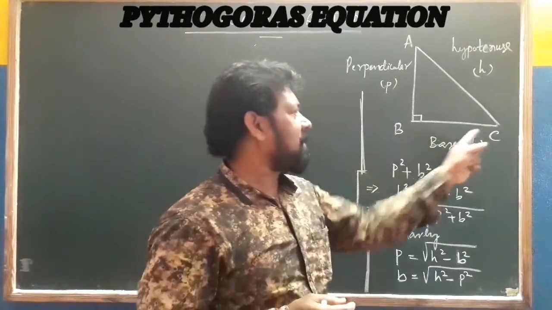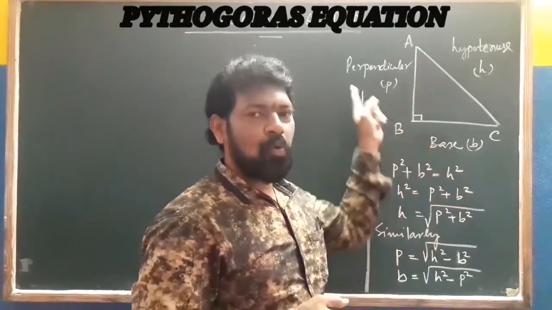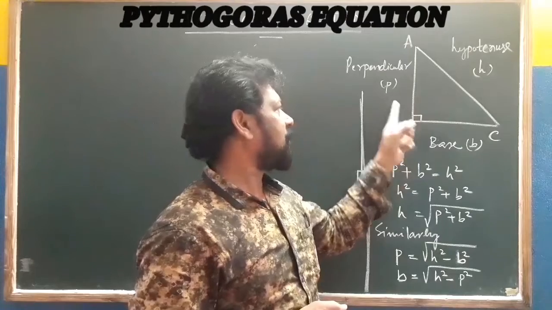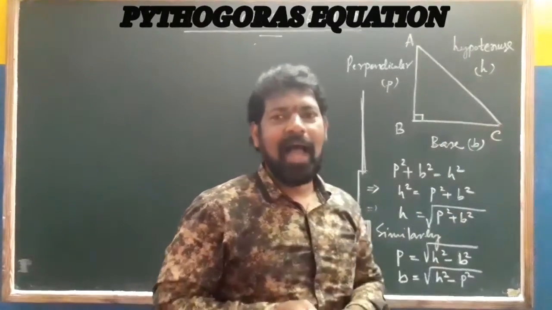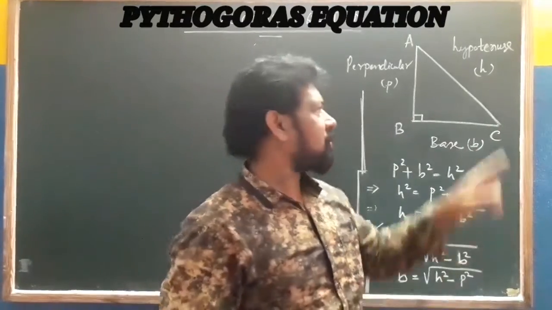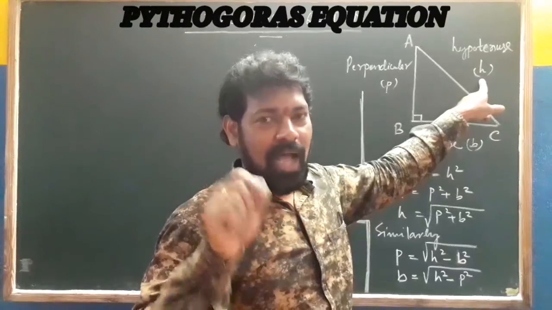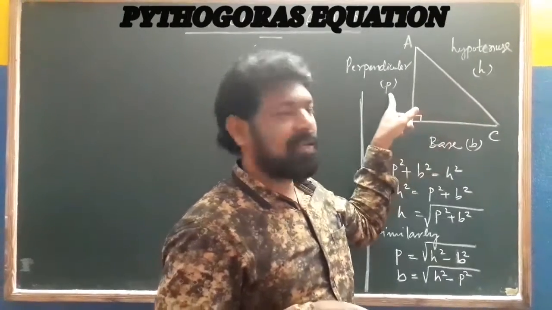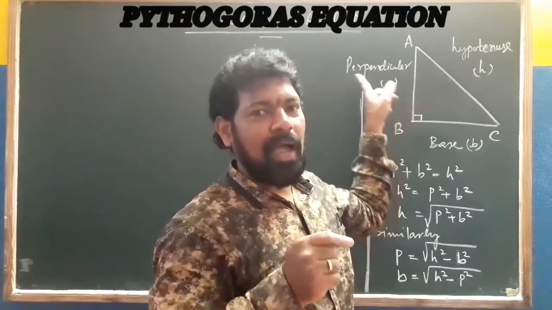I have taken BC as base, the short name is B, and AB as perpendicular, the short name is P, and the side which is just opposite to 90 degree, AC, is the hypotenuse, that is H. Don't confuse, H is not height, H is hypotenuse. Height is again the perpendicular only, but I am not using the letter H here, I took perpendicular as P.